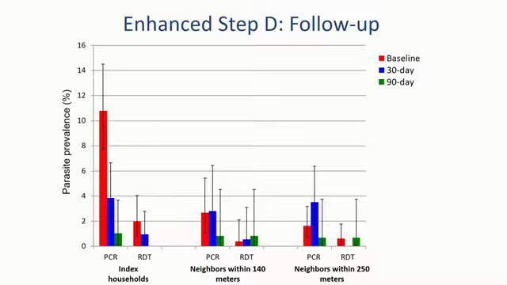For this, there are very few PCR positive cases, as you can see from this graph, that were detected that would be eligible for our genomics. So we haven't actually looked at the relatedness between an infection in an index household and an infection further away or at the 90-day follow-up. We're still looking into some of those trends.